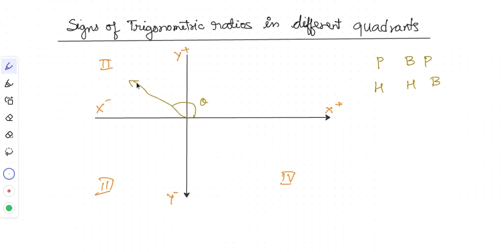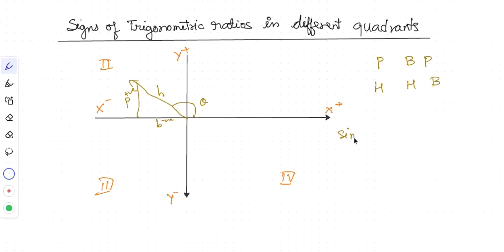In this case, the perpendicular is positive because we have the y positive, but the base is negative, and the hypotenuse remains positive. Now let us talk about the trigonometric ratios.